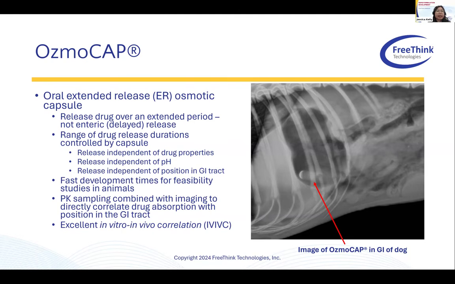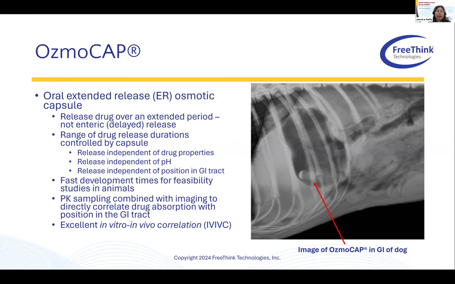This means that the release is independent of drug properties, pH, and position in the GI tract. So osmocap has an advantage over other technologies like matrix tablets that can be more affected by drug properties. Osmocap also has fast development times.